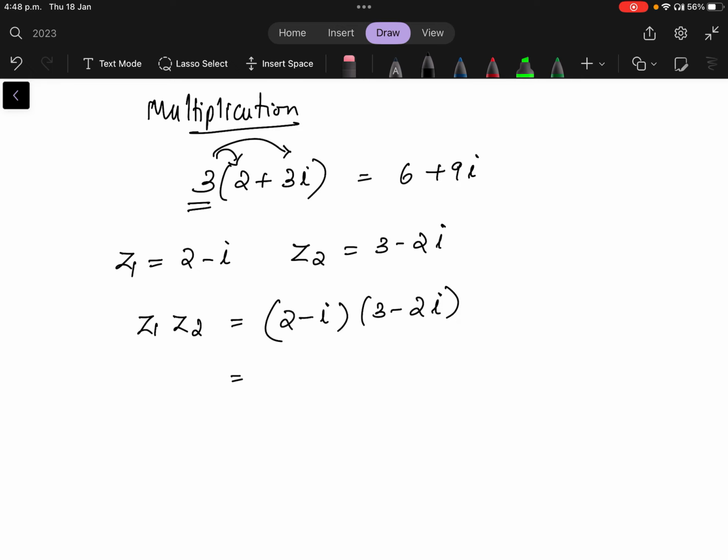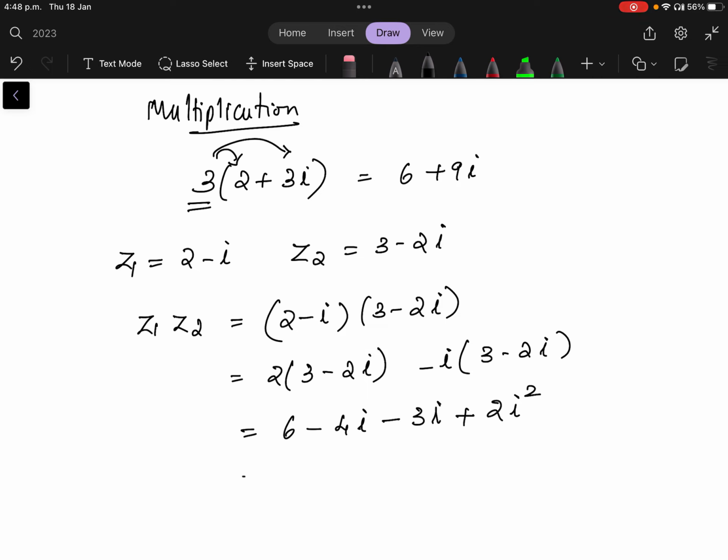It is 2 times (3 minus 2i) minus i times (3 minus 2i), which equals 6 minus 4i minus 3i plus 2i squared, that is 6 minus 7i, and i squared is minus 1, so this becomes minus 2, and that is equal to 4 minus 7i. So remember, whenever you are multiplying complex numbers, you multiply just like algebraic terms, but remember i squared is equal to minus 1, so you substitute that value and then you will get it.